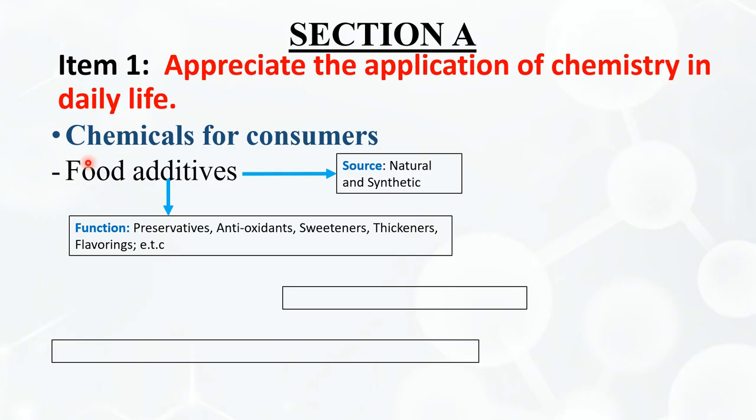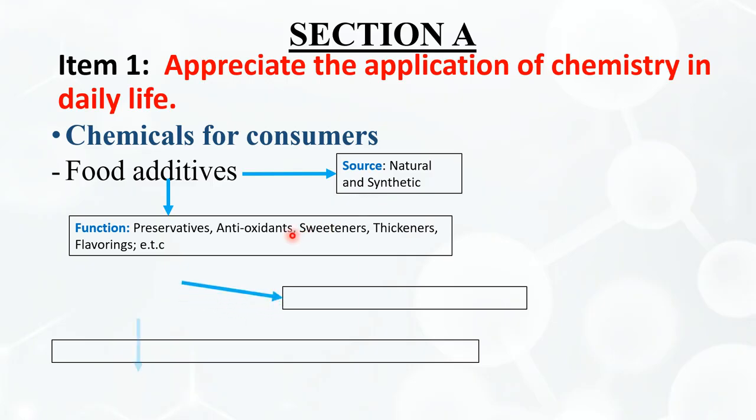Number 1, which we have said, is food additives. Food additives can be categorized according to the source, and also according to the function. But we don't need to forget that even these preservatives, antioxidants, sweeteners, can also be natural or artificial. We shall be able to see all of that.